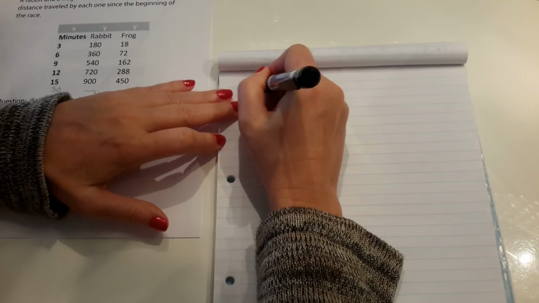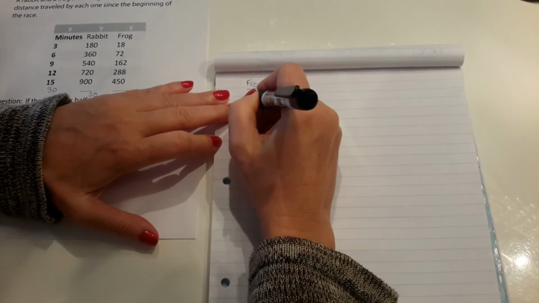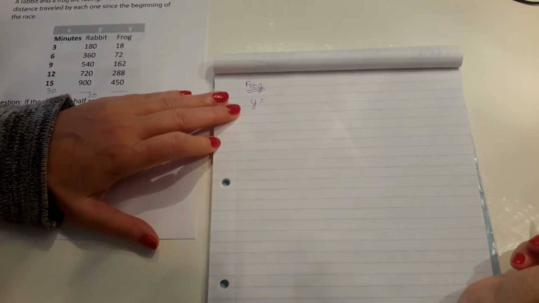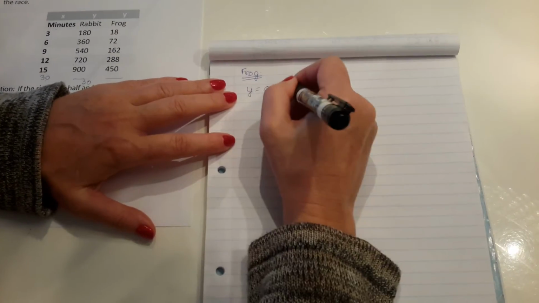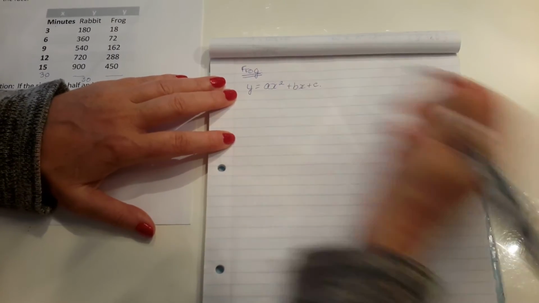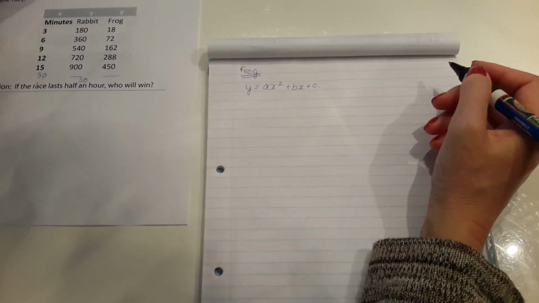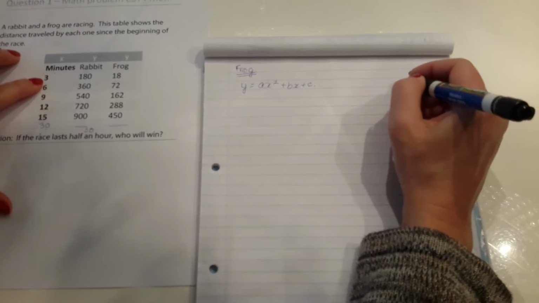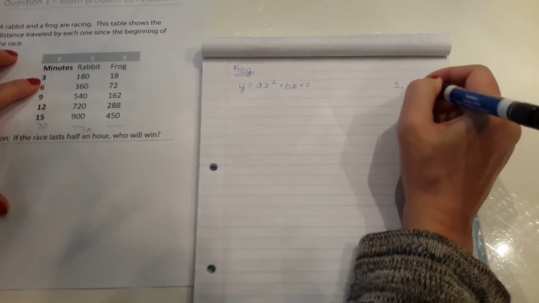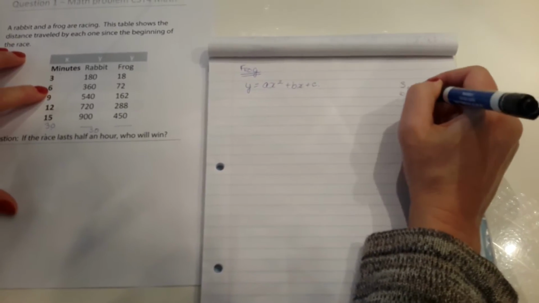So for the frog, we're going to write out the form of a quadratic or second degree equation, which is ax squared plus bx plus c. We're going to start by, here we need 3 points. So we're going to use the following 3 points.